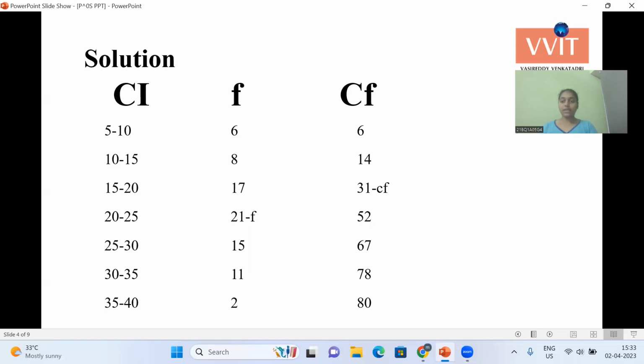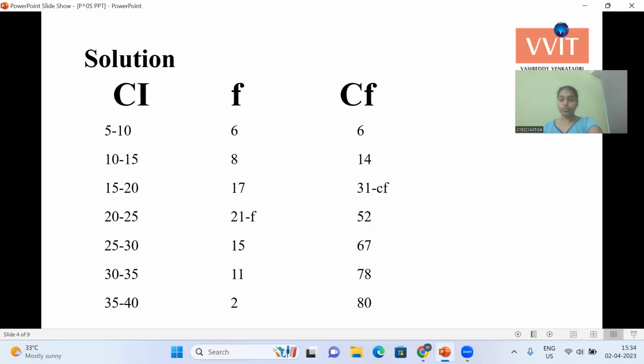Now we will calculate N by 2. N by 2 is 80 by 2, which equals 40. We check the cumulative frequency values in the table. 52 is just greater than 40, so that becomes the median class. The corresponding frequency becomes small f, the frequency of the median class, and the lower boundary of the median class becomes the L value, that is 20.